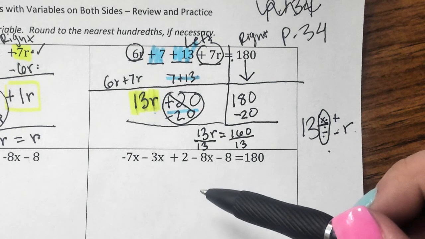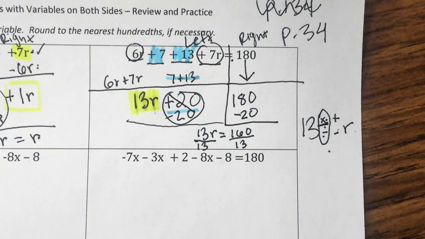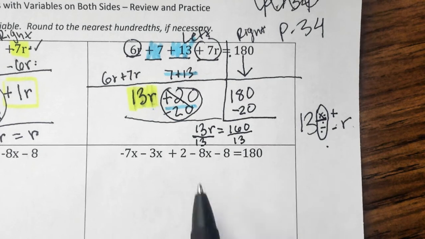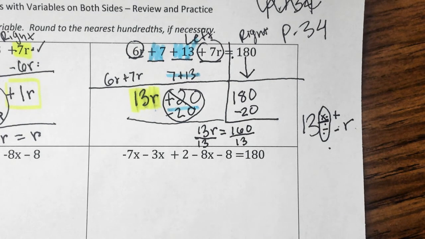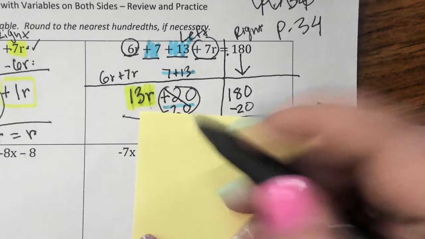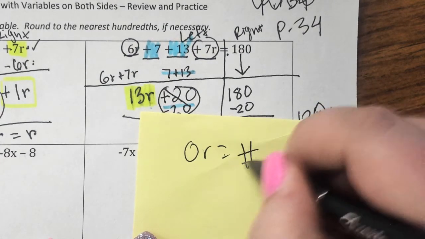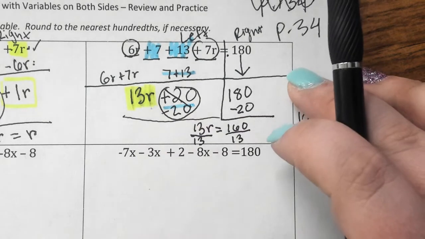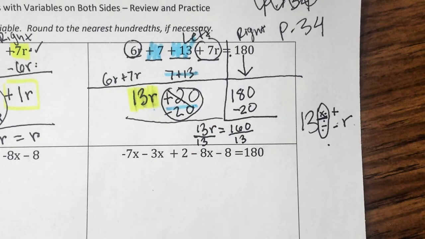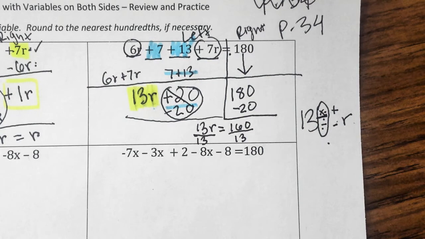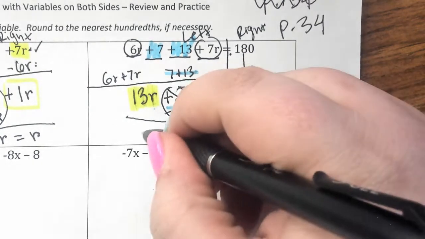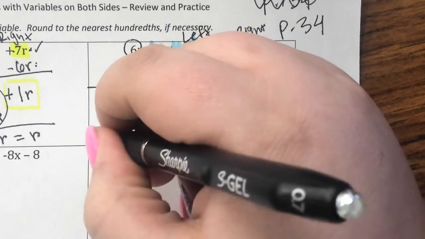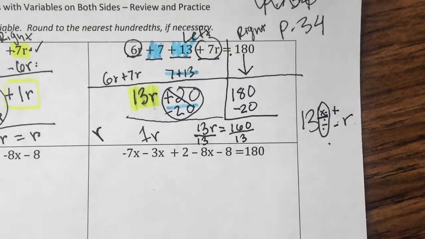Before you answer, make sure you are confident with it. Lily? Oh no, because if I had 0R, that means I'd have 0R equals a number, and that doesn't actually solve for R. So 13 divided by 13 is 1. So this leaves me with 1R, which we already know is just R.